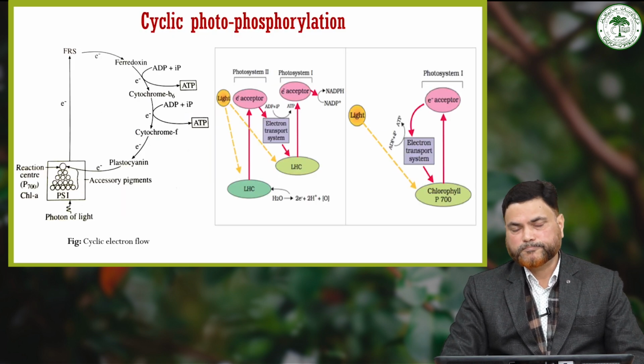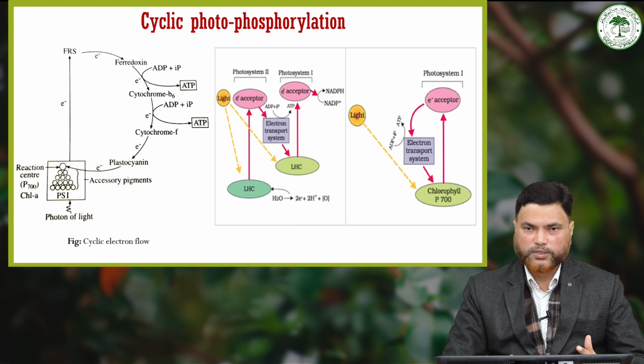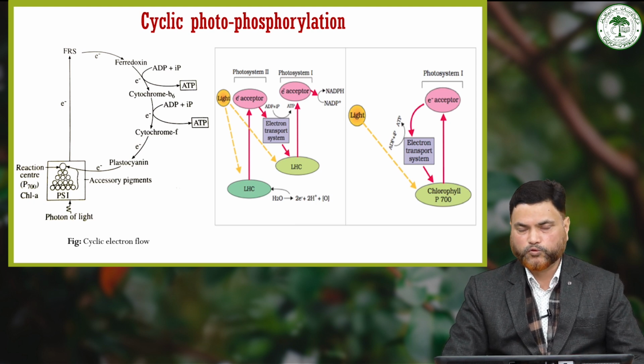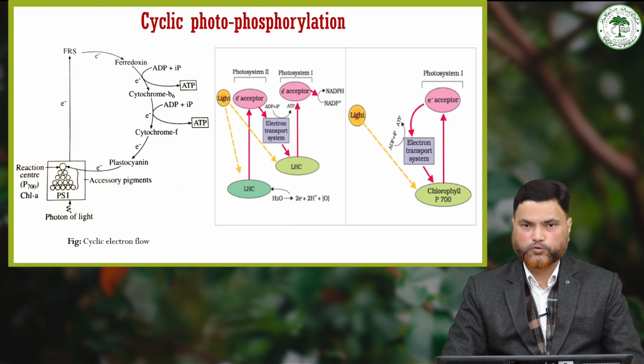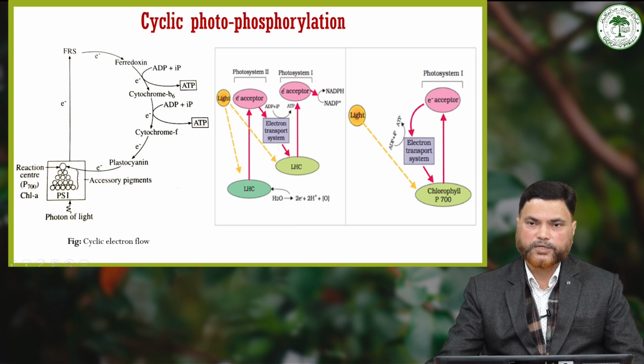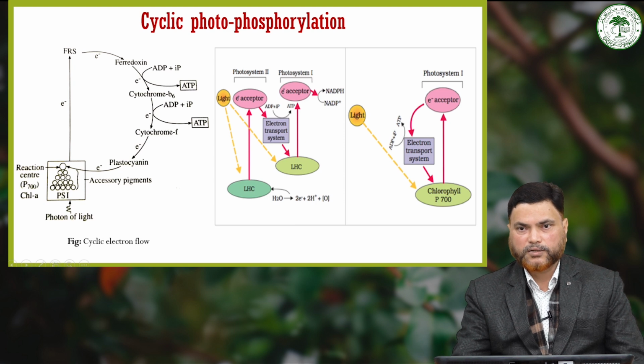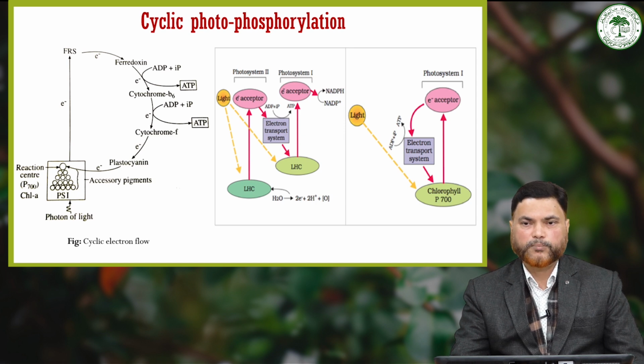Now we have gone through the non-cyclic photophosphorylation in detail. Now, what is cyclic photophosphorylation? What happens in certain cases is that electrons deviate from the typical path and repeatedly cycle through photosystem 1 instead of ending up in NADPH. This phenomenon is known as cyclic photophosphorylation.